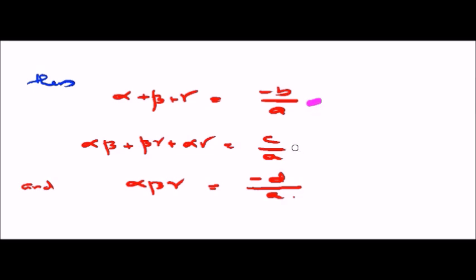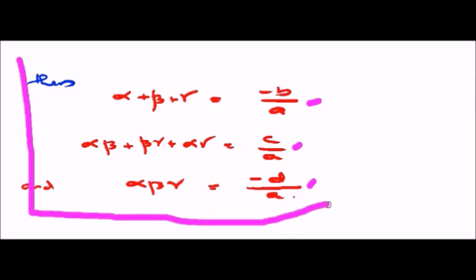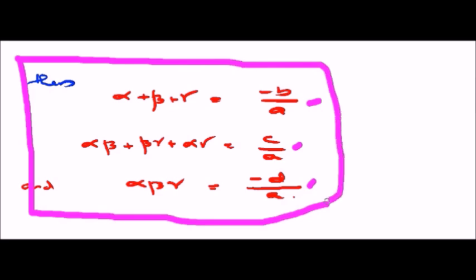Alpha beta plus beta gamma plus alpha gamma is equal to c by a, and alpha beta gamma is equal to minus d by a, that is product of zeros.